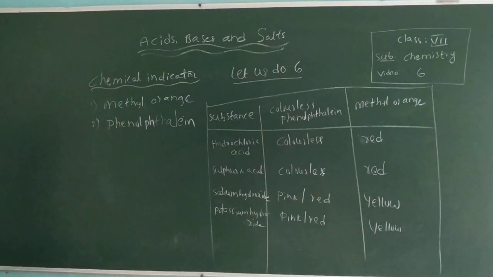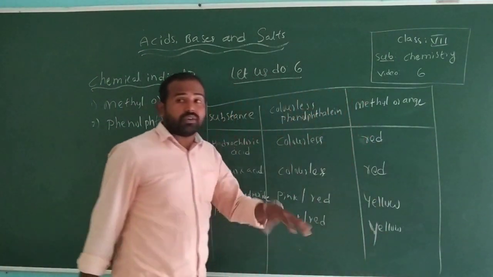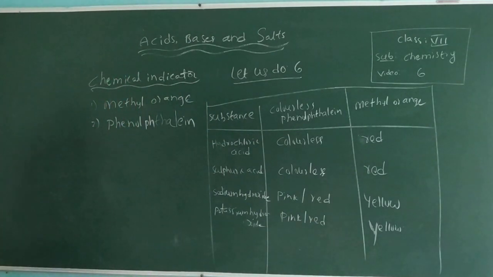Next, there are some questions with the table. What can you conclude from the above data? Keep in mind that some substances are acidic, some are basic, and some are neutral. Neutral substances I have not taken here.